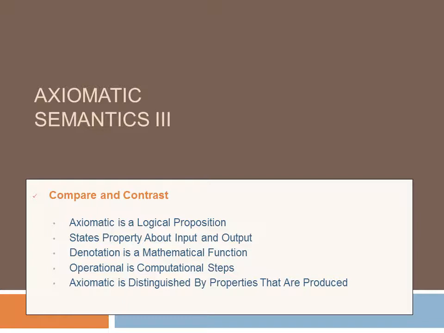For example, it states some property about the input and the output. Denotational is a mathematical function on input and output data. Operational is computational, the steps that result from processing of the program input. Axiomatic semantics are distinguished by the properties that are produced rather than the meanings of the program.